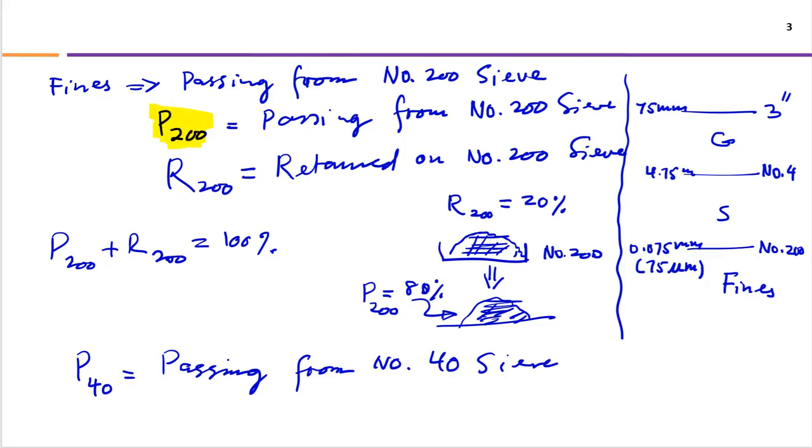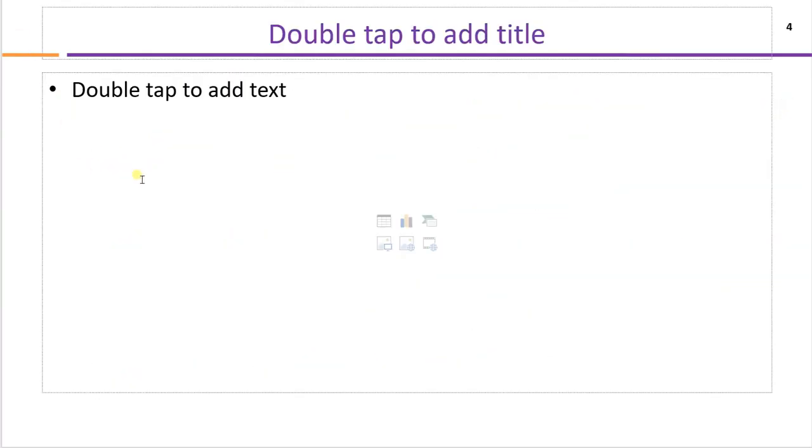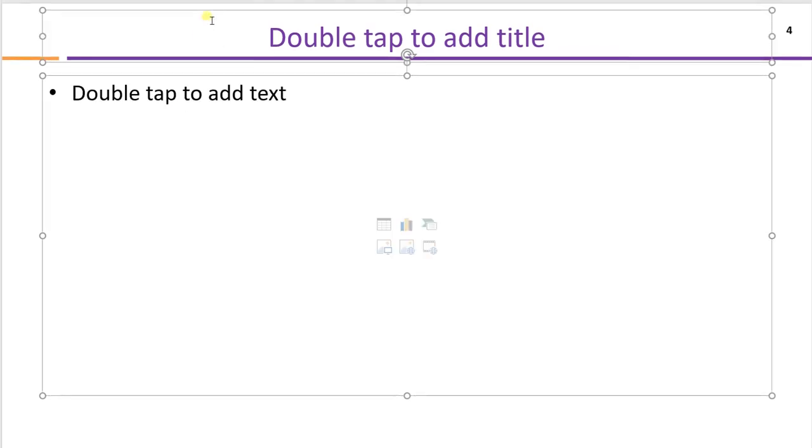Why is it very important? Because we are going to look at what percentage of P200 is for any soil. If P200, passing from 200 sieve, is less than 50%, then we call the soil coarse grained.